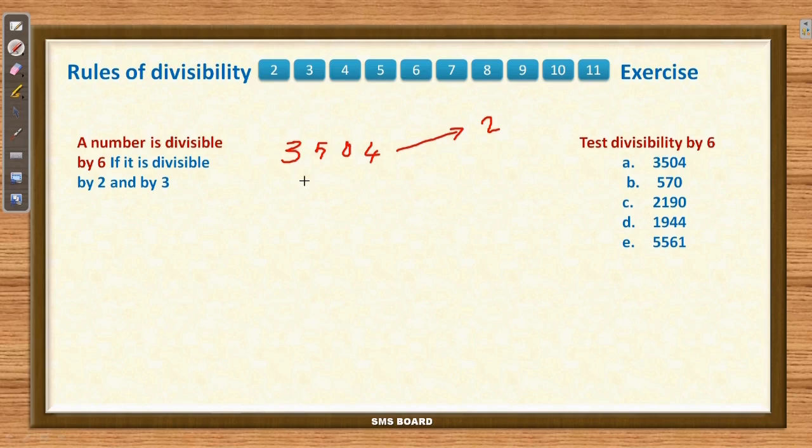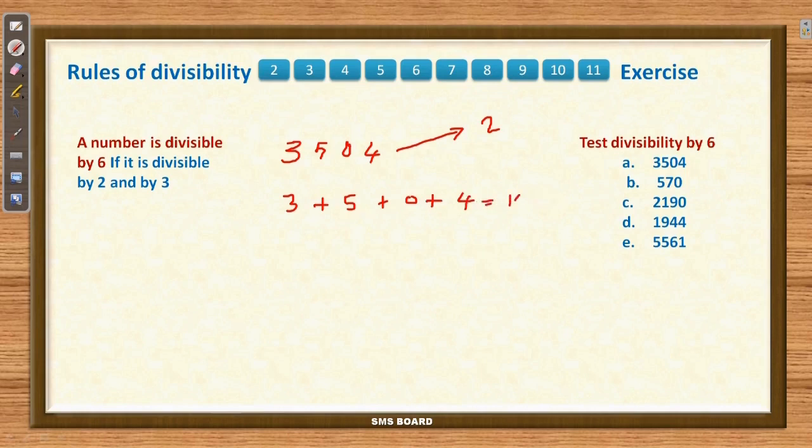Now we will check the divisibility by 3. Find the sum of all the digits: 3 plus 5 plus 0 plus 4. The sum of the digits is equal to 12.